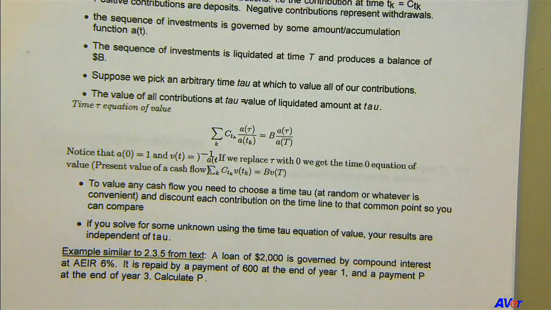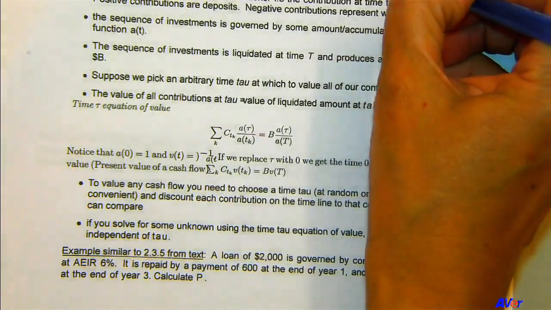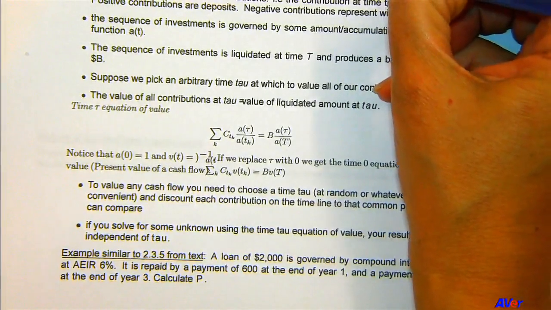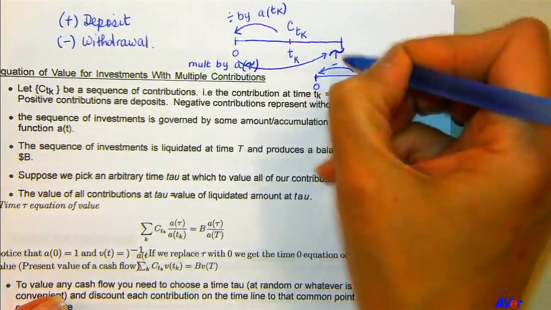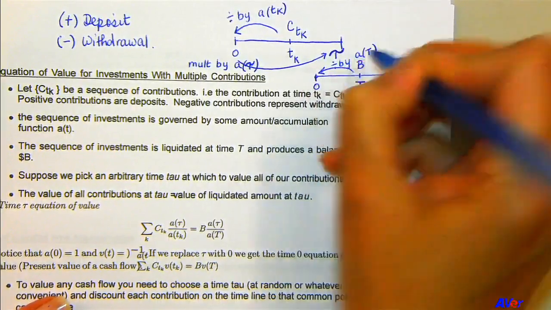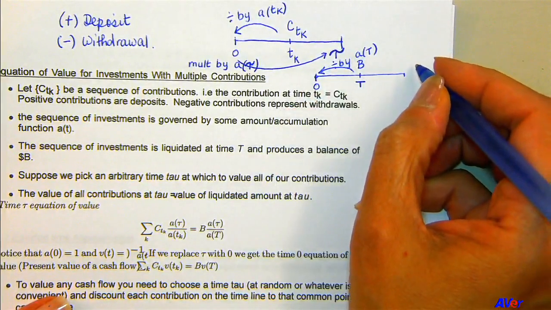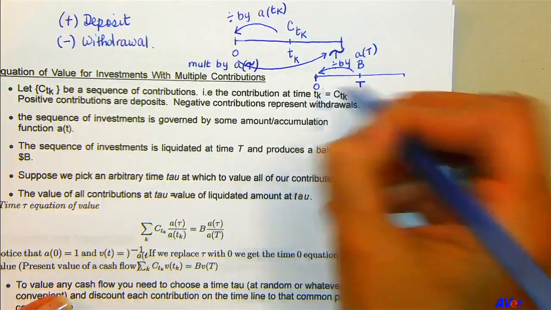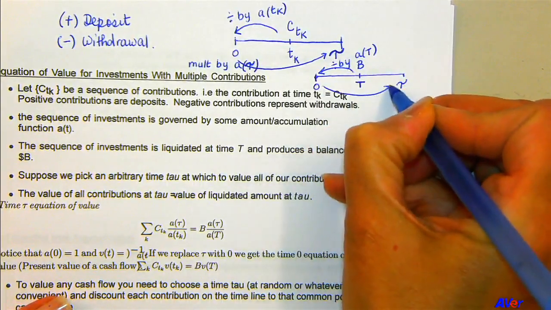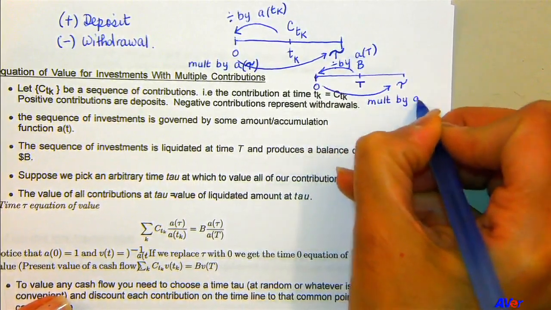Let's do the same thing for B. Let's bring this back. So divide by A of t. In other words, V of t, right? V of t is 1 over A of t. And then here's time tau. So forecast to time tau, multiply by A of tau.